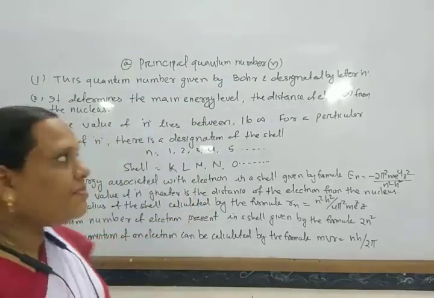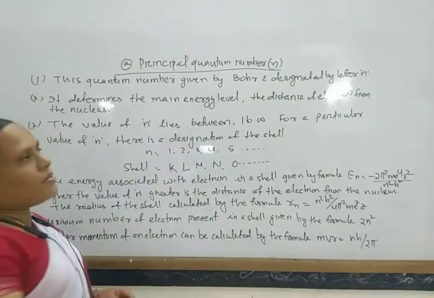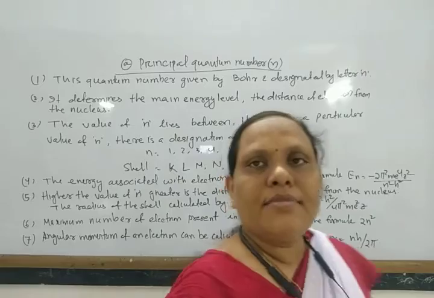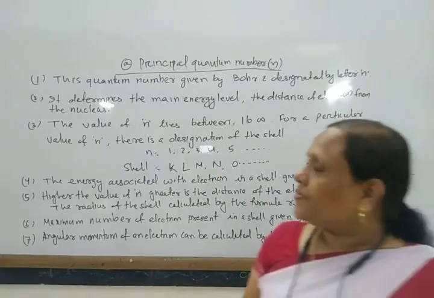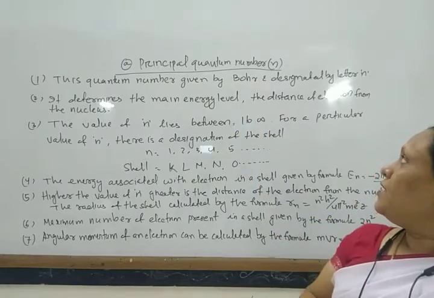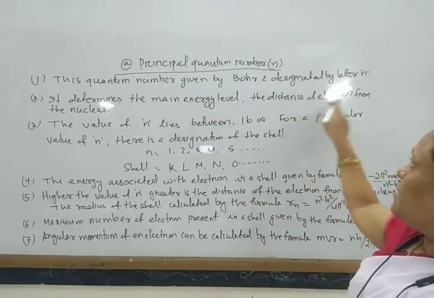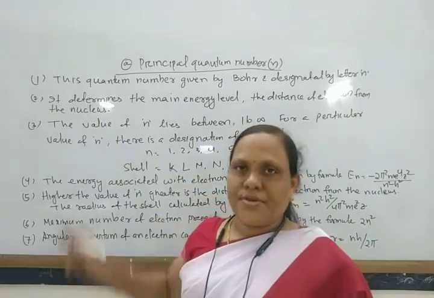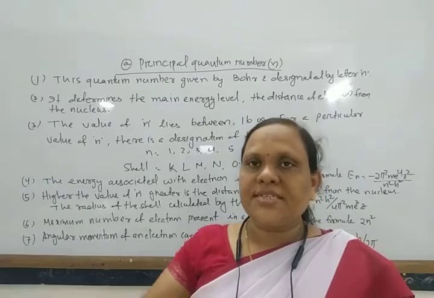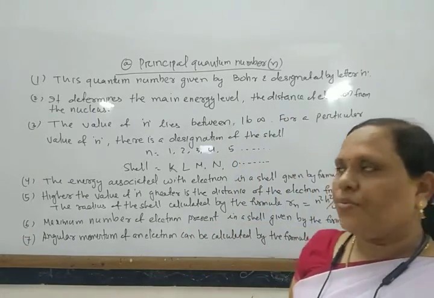So again, principal quantum number. This quantum number given by Bohr and designated by letter N. It determines the main energy level and the distance of the electron from the nucleus. So if N value is higher, then its distance is more. If N value is higher, then its energy is also more.